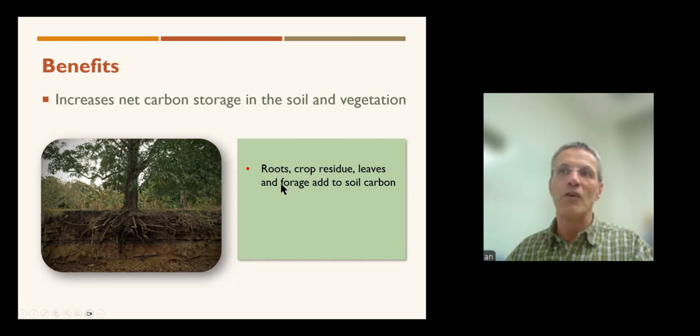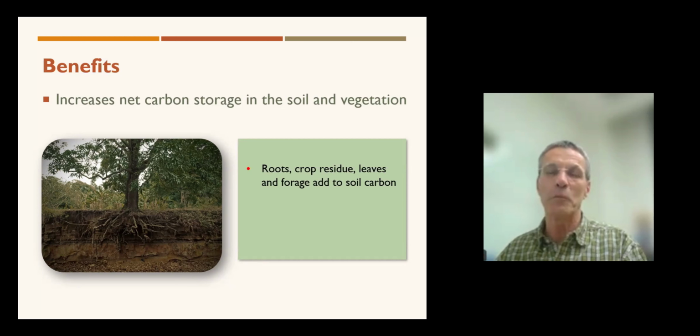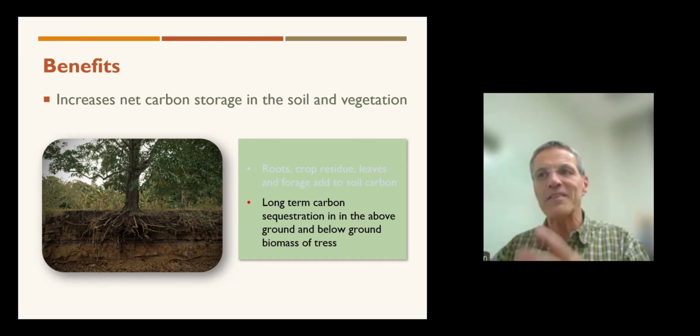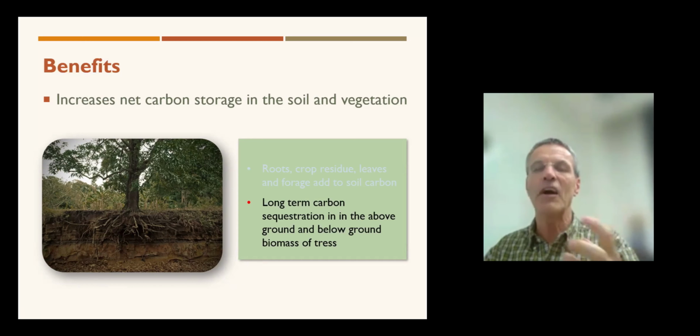So you have roots and crop residue, and all of that has stored carbon. Compared to an annual crop, you store a lot more carbon long term. And if you sequester all that carbon in the biomass of the trees, that pulls carbon dioxide out of the atmosphere and enhances our goals to reduce overall carbon.